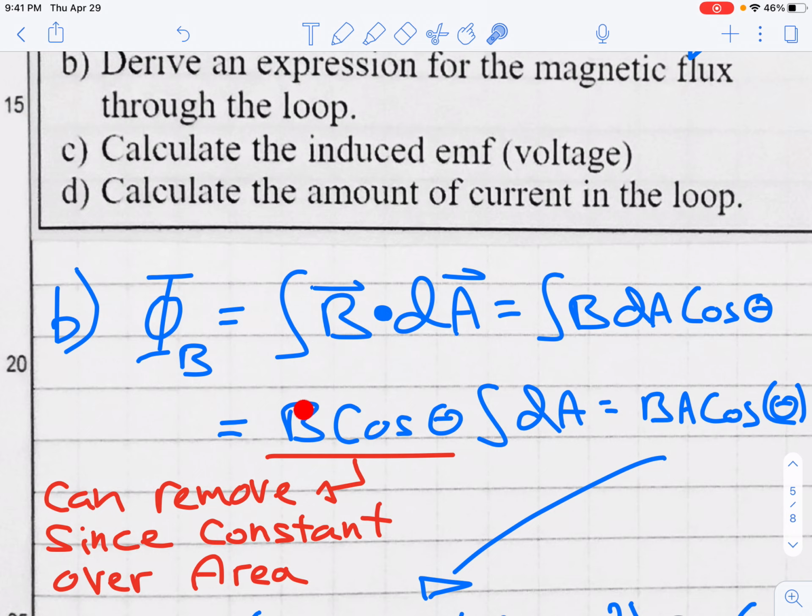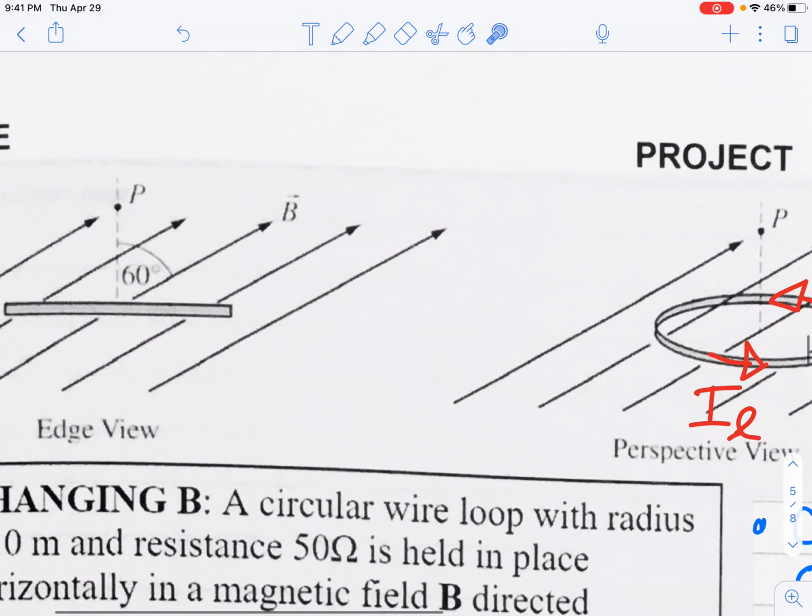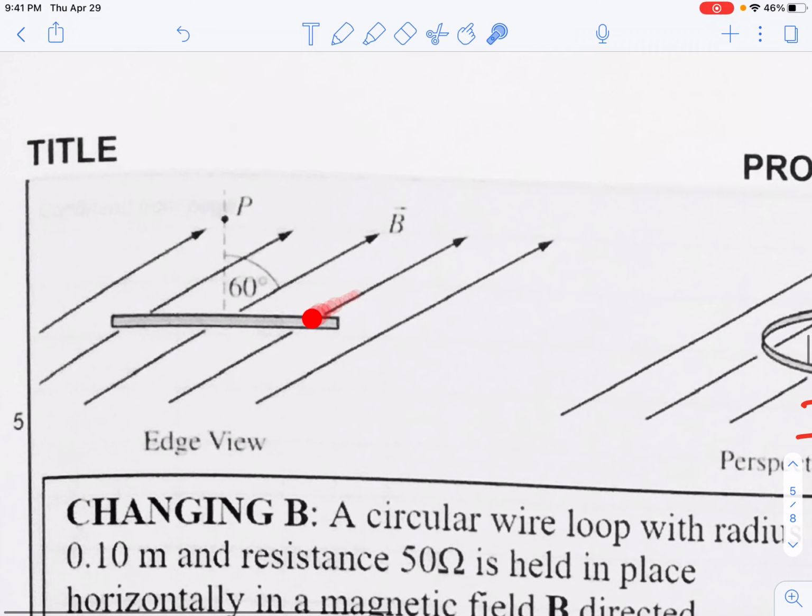It's changing in time, but at any one moment in time, the magnetic field on the left side of the loop is the same as on the right side of the loop. The magnetic fields are constant for any one moment, no matter where you are in the loop. They change over time, but at any one moment in time, the magnetic field strength at any one spot is constant.